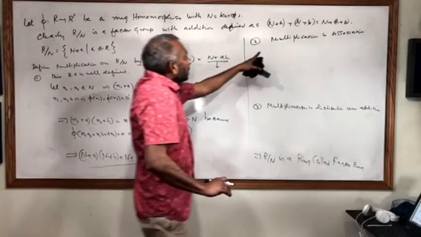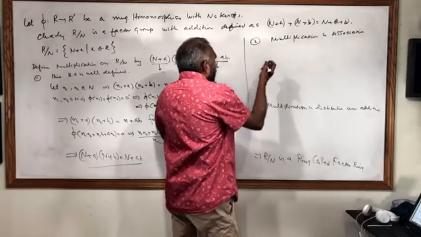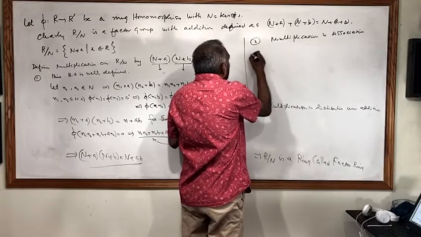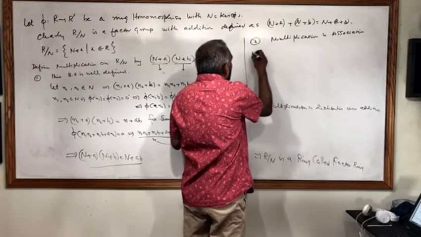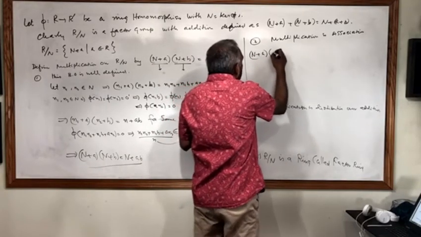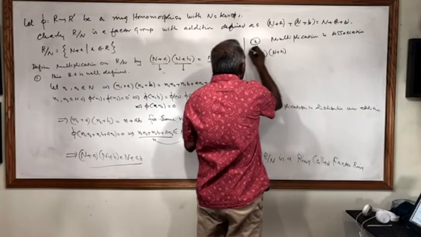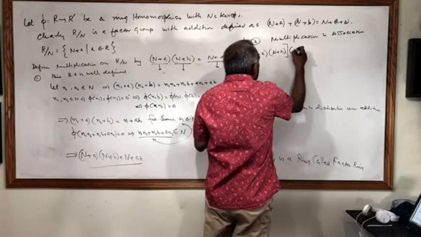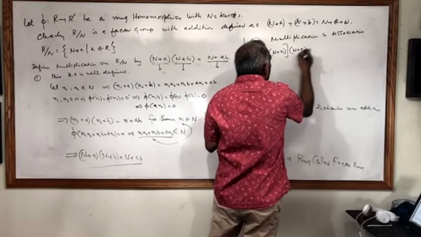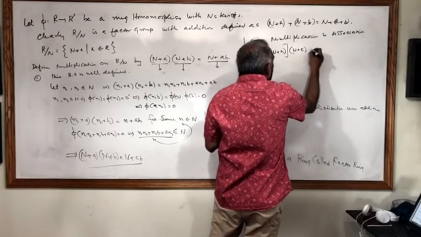Now we need to show that it is associative, which is very simple, meaning ((n + a)(n + b))(n + c) is equal to this.